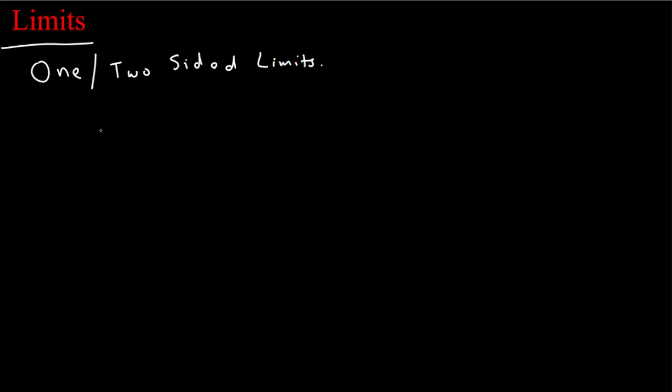Basically, a right-hand limit is denoted as limit as x tends to some c from the positive side. So you're coming from right to left, so it's the right-hand limit of f of x.